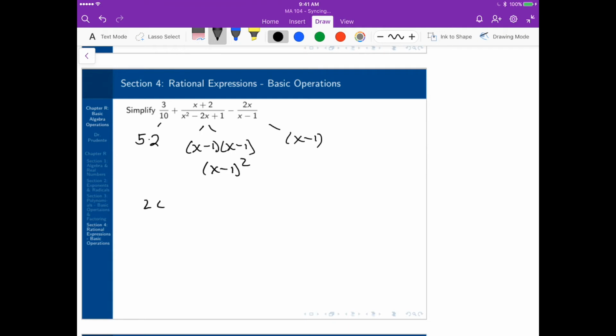So the least common denominator will have the unique factors. That's the key. We want the unique factors.